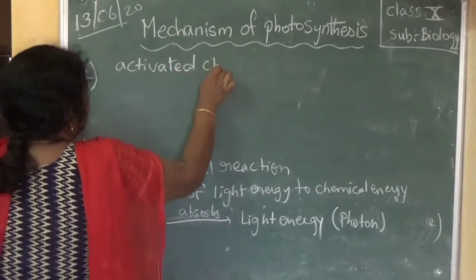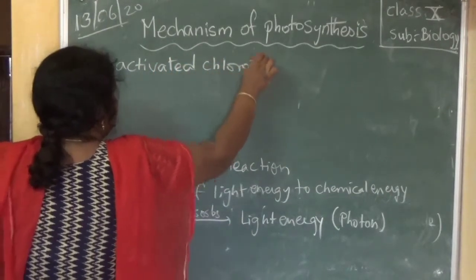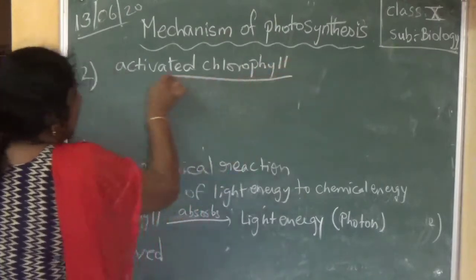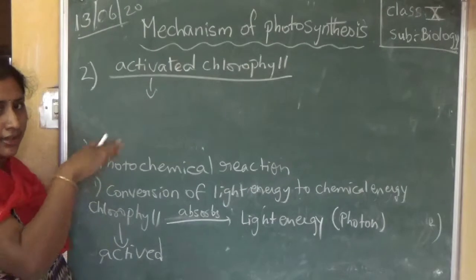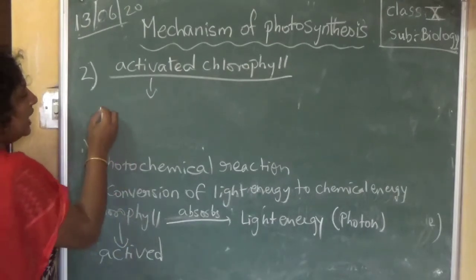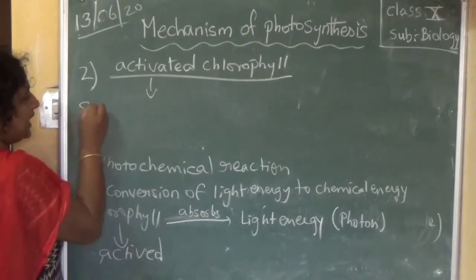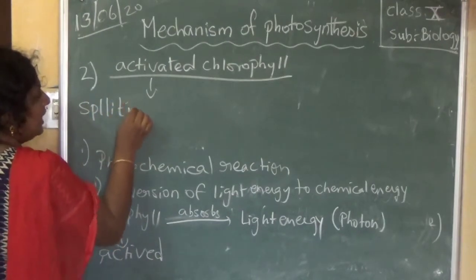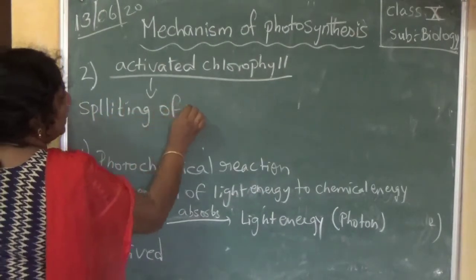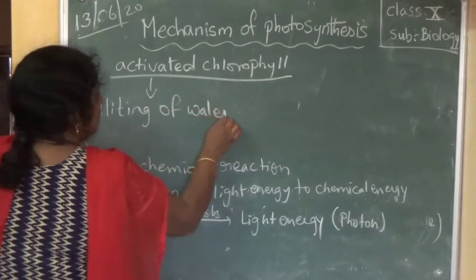Now the chlorophyll is activated. Activated chlorophyll, what does it do? It will split the water molecule which is present in the chloroplast. Okay. So second step is splitting of water molecule.